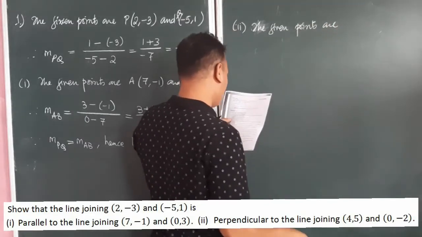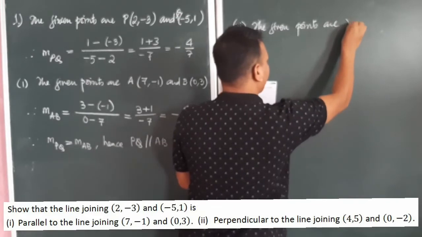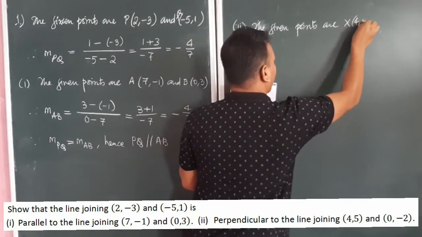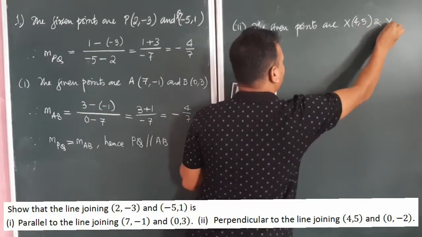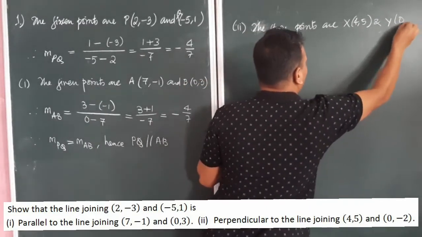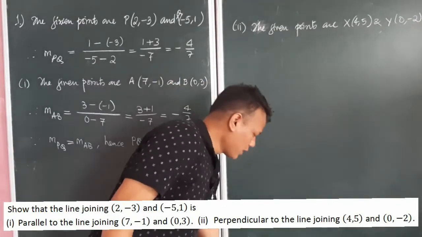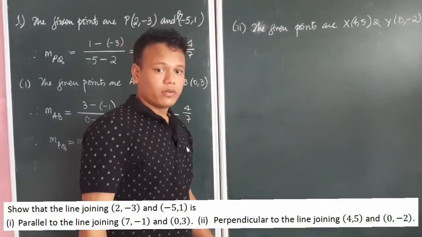One is (4, 5), let me write it as X, and Y is (0, -2). Again, let me find the slope of XY.